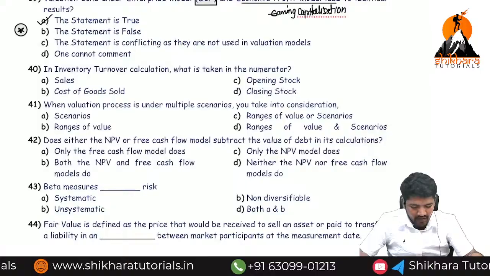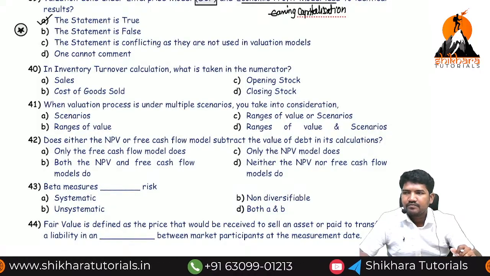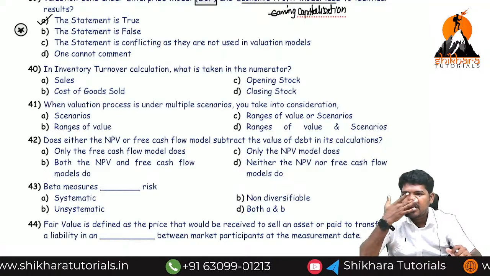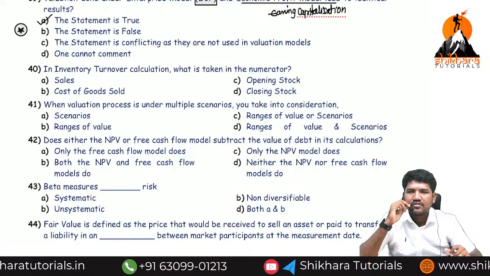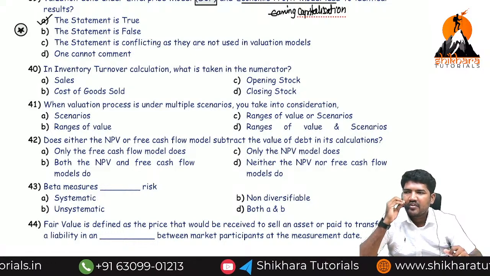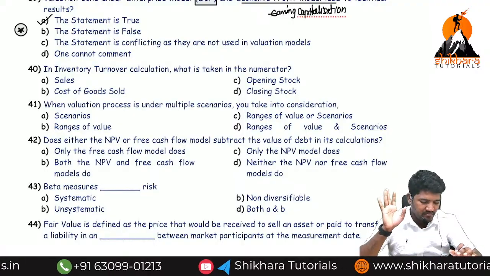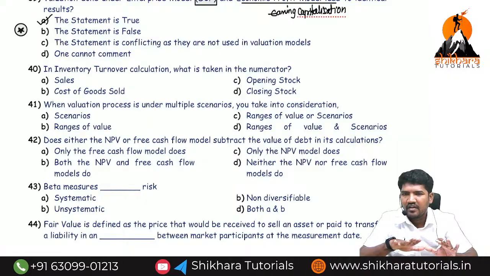MCQ number 40. In inventory turnover calculation, what is taken as a numerator? Do you know the turnover ratios? Turnover ratios. So turnover ratio is also known as activity ratio. If you don't know about this turnover ratio, no issue, don't worry, I will explain.